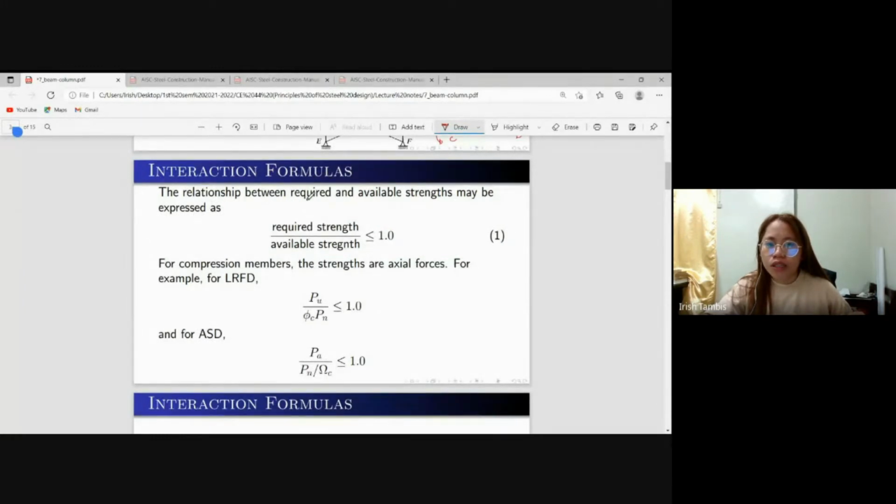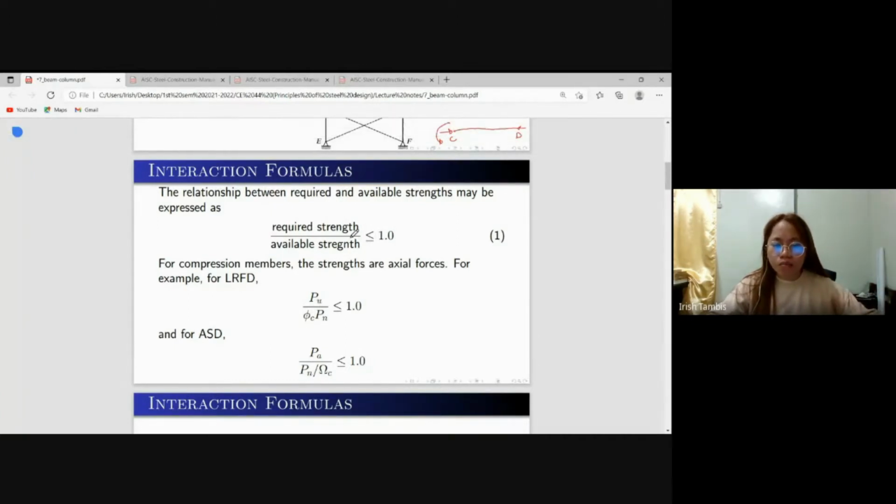So the relationship between required and available strength may be expressed as the required strength divided by the available strength should be less than or equal to 1.0. This is actually the same concept with what we discussed earlier in the videos, that the required strength, this is from the applied loads, divided by the available strength.